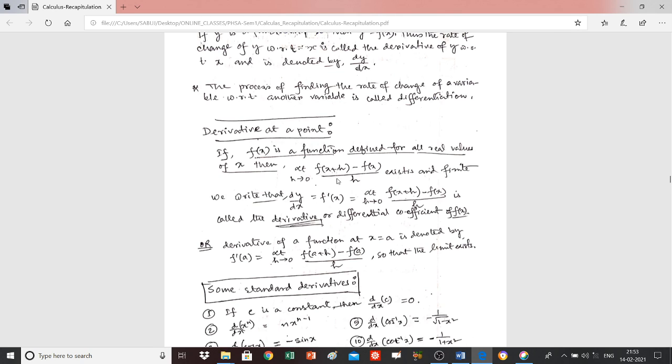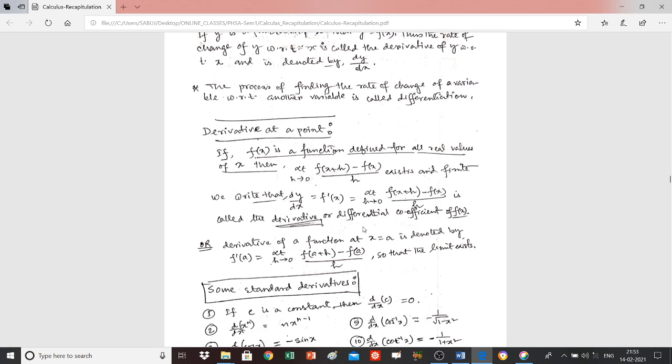If it exists and has some finite value, then the differentiation of y equal to f(x) with respect to x is given by this formula, that is, f prime x is equal to limit h tends to 0 of f(x plus h) minus f(x) by h, and we can use this relation.